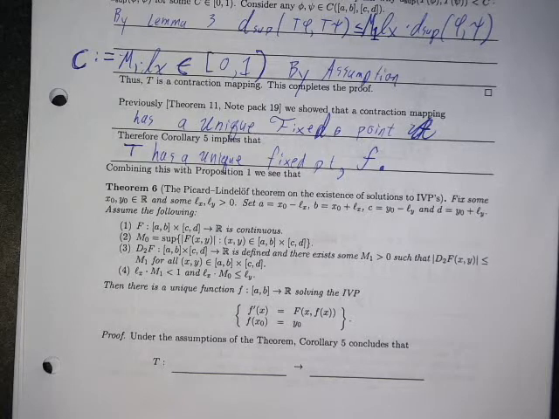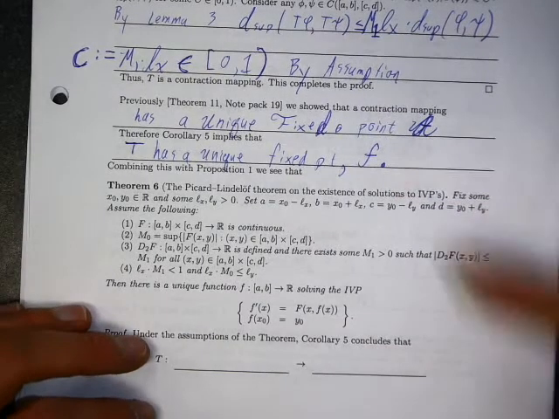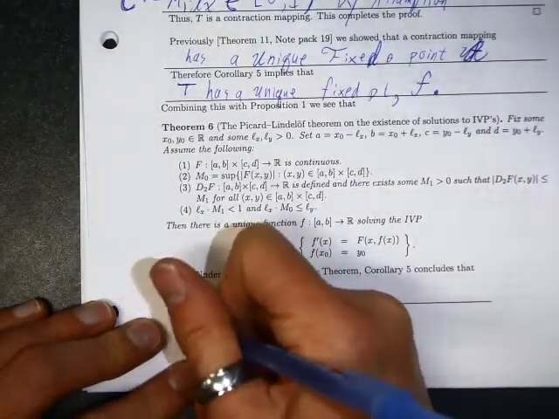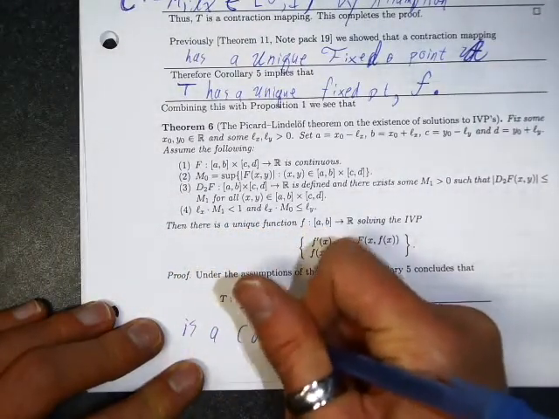Well, the first thing I want to do is appeal to corollary 5. What does corollary 5 conclude? T has a unique fixed point. That's what it implies, but what does it actually say? It's a contraction. Right here it says it implies that it has a unique fixed point.